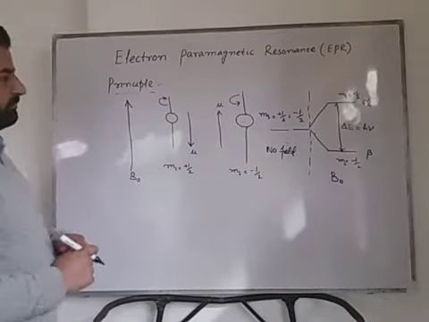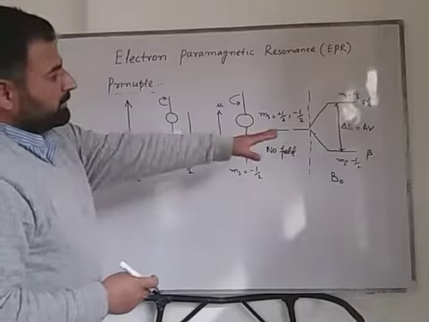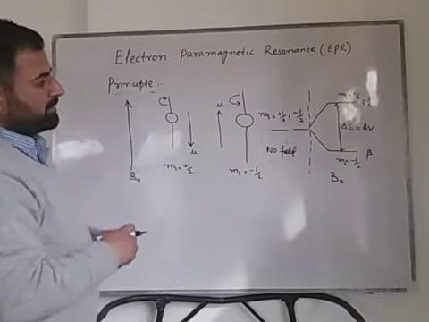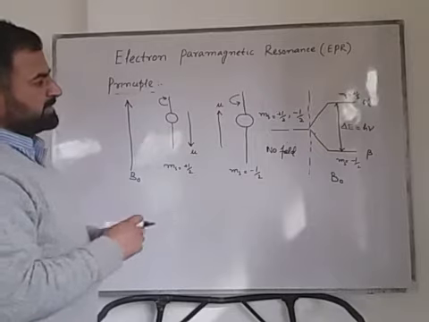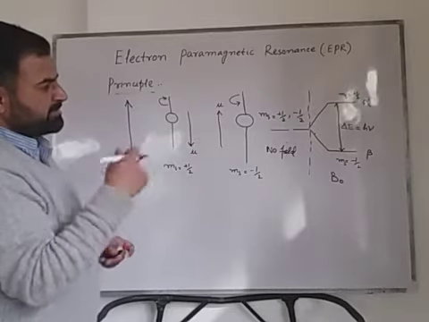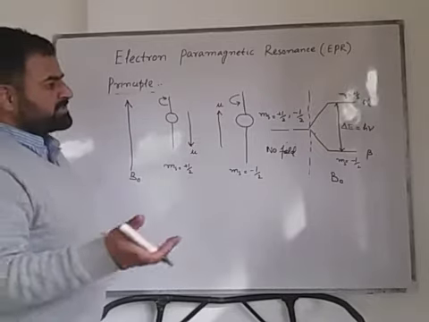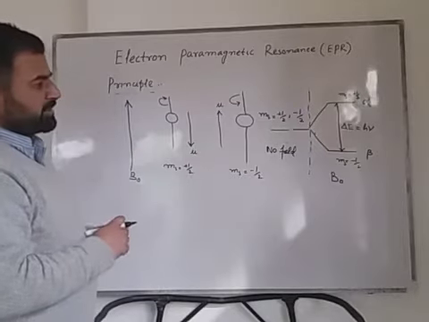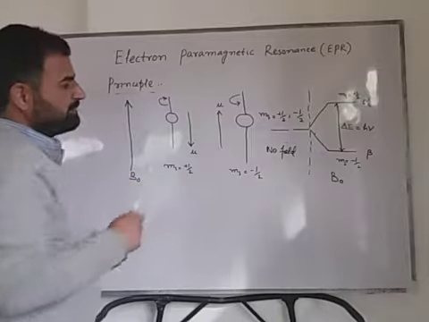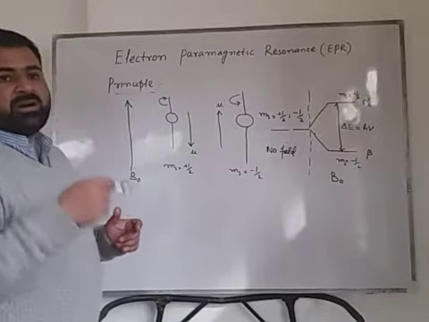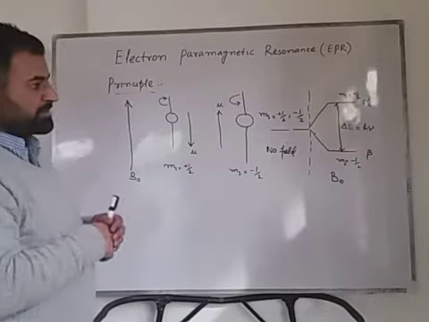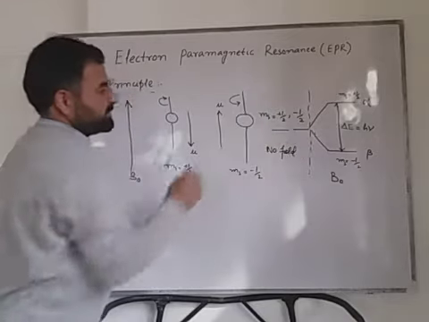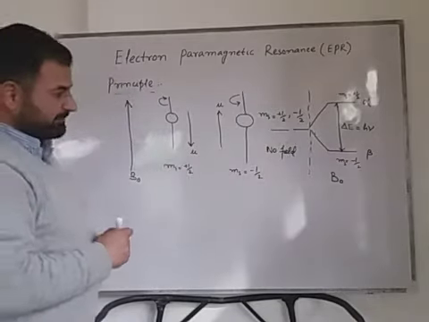Okay, so the two energy levels have split now, and there is an energy difference between the two. So now comes the concept of transitions. There is a probability of the transition from this beta state to the alpha state if it absorbs a particular frequency which is equivalent to the energy difference between these two energy levels.